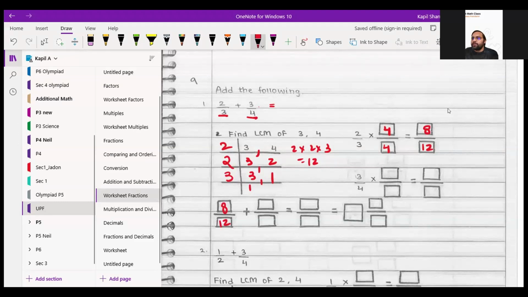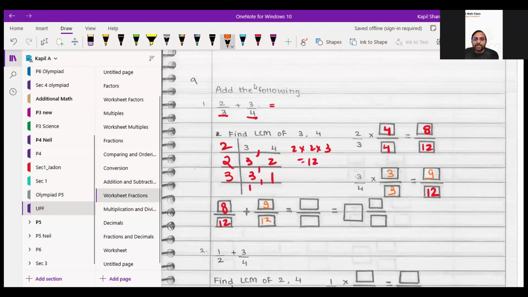Similarly, 3 upon 4 should be equal to something upon 12. Now that means we need to multiply and divide by 3. So this becomes 9 upon 12. Now we have these like fractions.